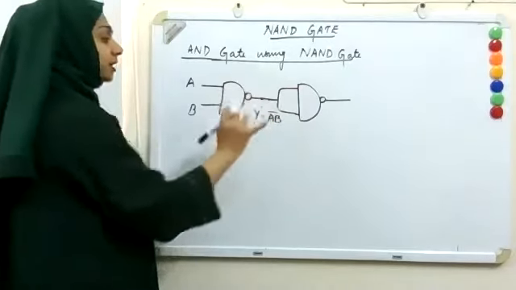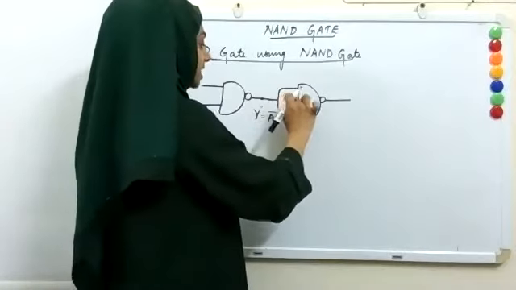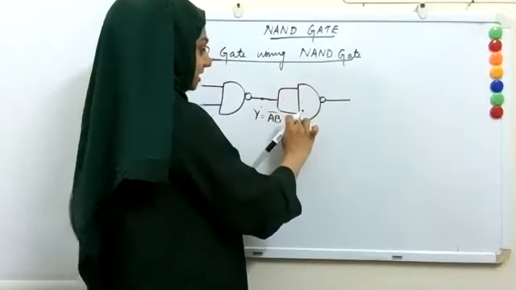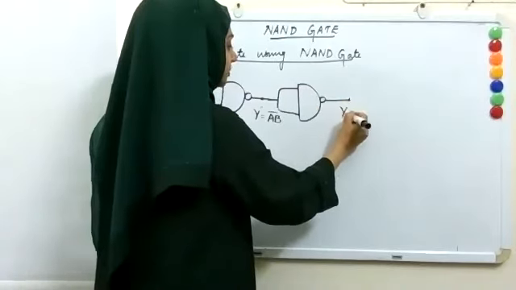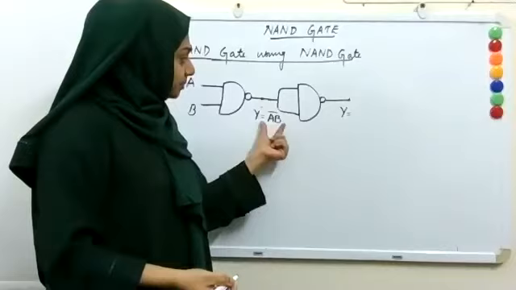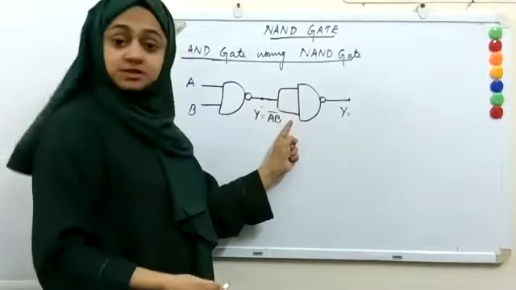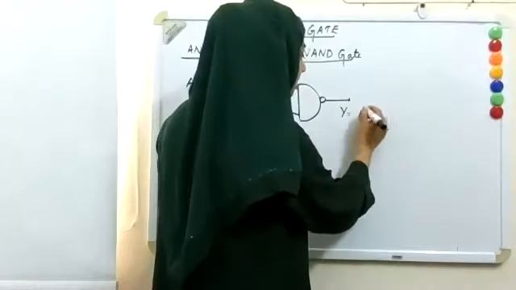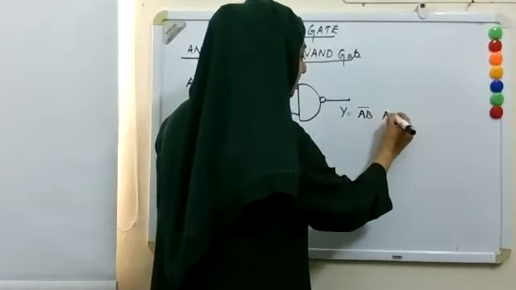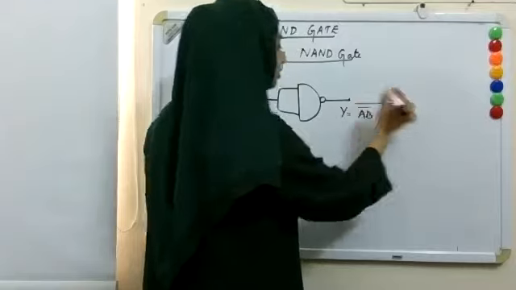So AB bar. Now the same input is given here and here, right? So the final output Y will be equal to AB bar is given here, AB bar is given here. So we will get AB bar dot AB bar, the whole bar.